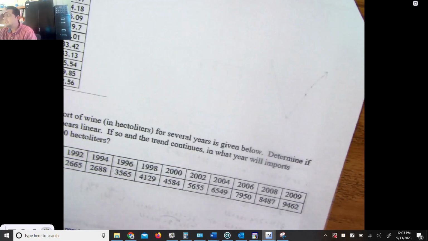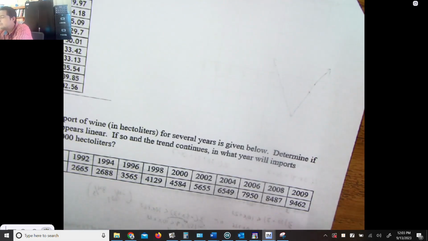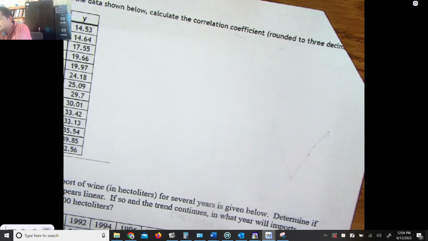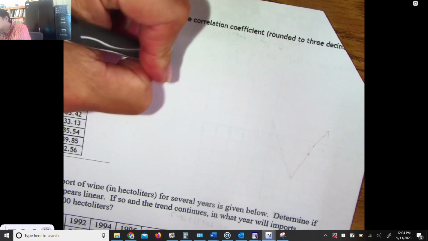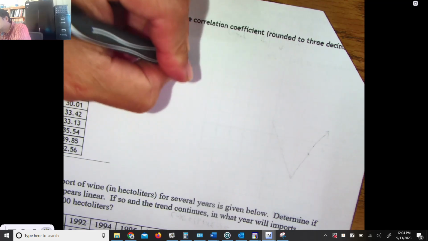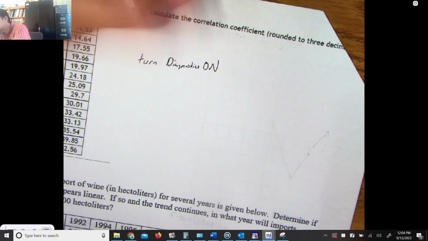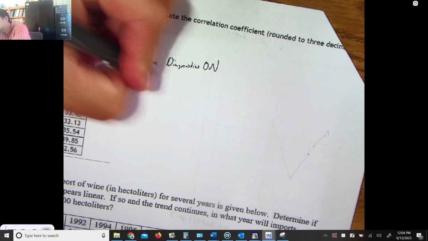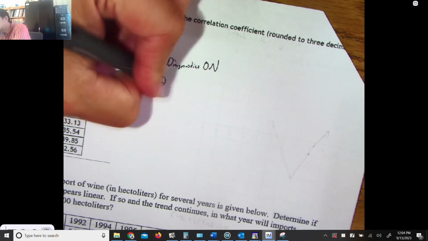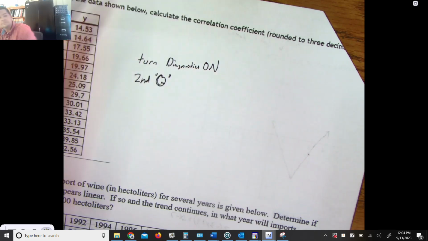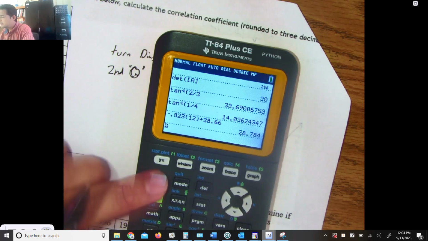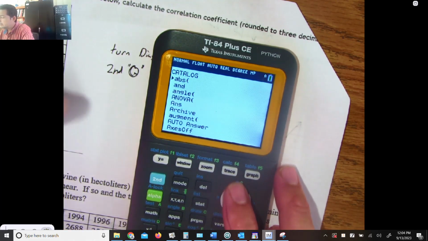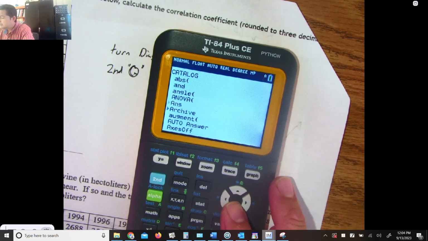All right, based on the data shown below, calculate the correlation coefficient rounded to 3 decimal places. So you're going to have to turn diagnostics on. So you're going to hit second catalog or second zero. All right. So second zero. And you're literally going to scroll down until you see diagnostics on.